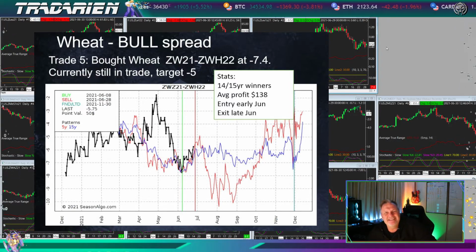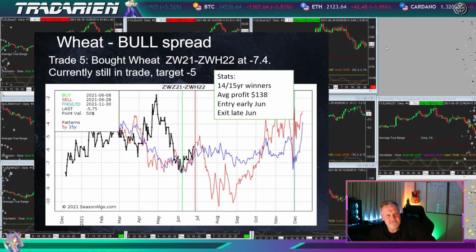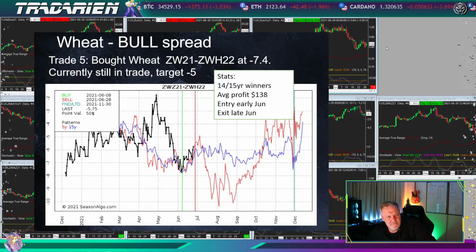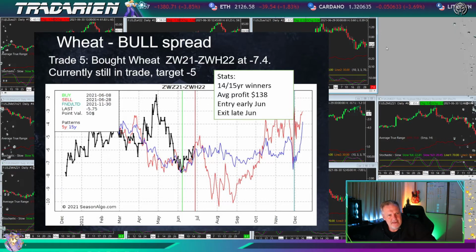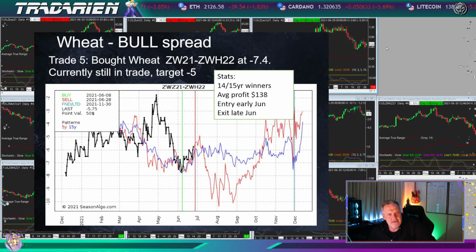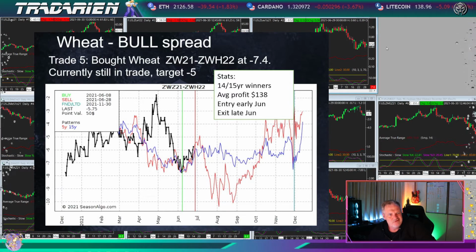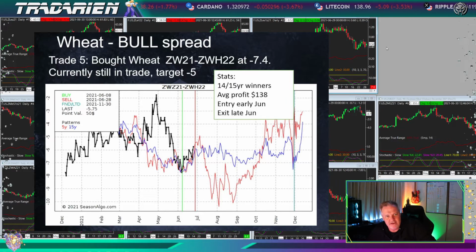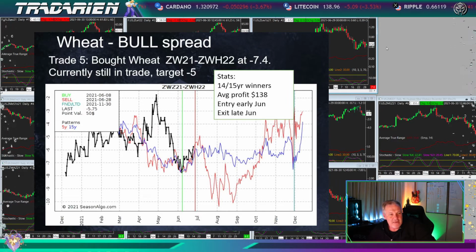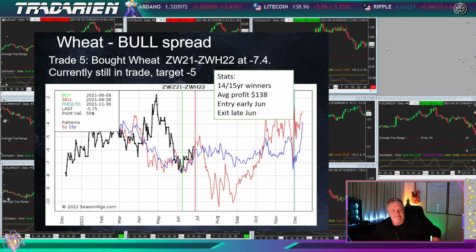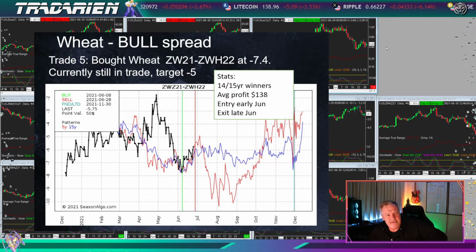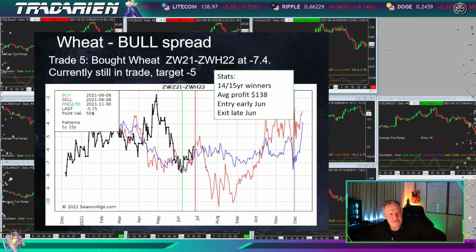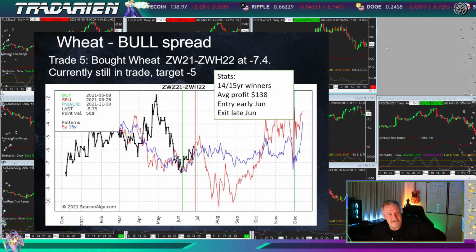Seasonal pattern, our seasonal analysis says 14 out of 15-year winners, average profit 138, less than 3 cents. Enter early June, exit late June. I think that window's a bit too tight to be an exciting trade. And if you look at that seasonal pattern, particularly the red line, that 5-year pattern stands out to me as this trade being counter trend.